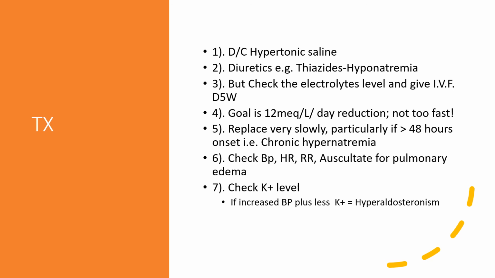We have to check for the potassium level as well, because hyperkalemia on its own could be a big problem, just as hypokalemia should now be prevented. If we check the potassium level and the blood pressure is increased and the potassium level is low, we have another diagnosis at hand. That is hyperaldosteronism, and we have to address that appropriately.